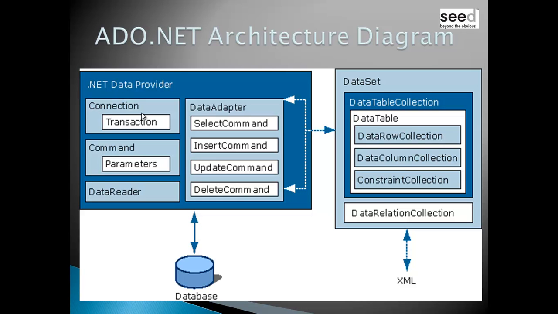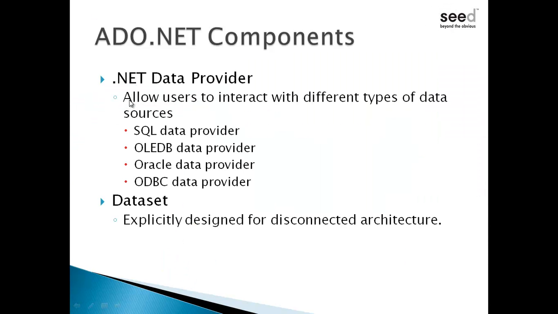So ADO.NET comes with 4 .NET data providers: SQL data provider, OLEDB data provider, Oracle data provider, and ODBC data provider. What does it mean?